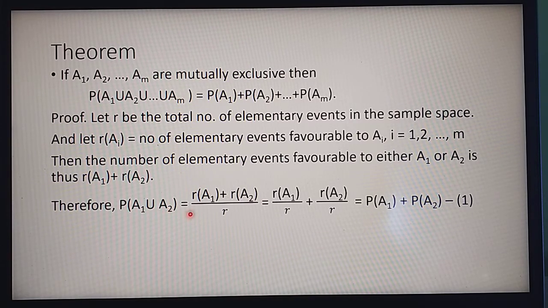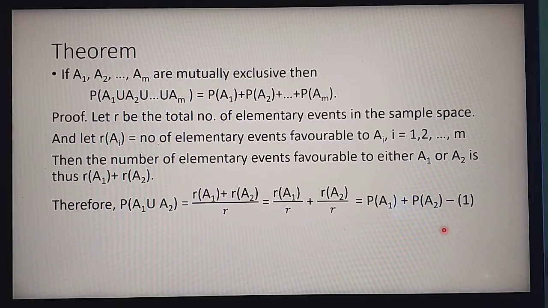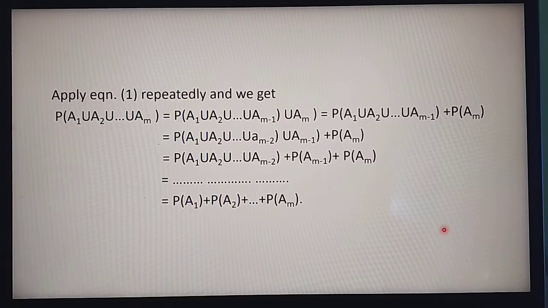So the number of elementary events favorable to either A1 or A2 is R(A1) plus R(A2), divided by R, the total number of elementary events in the sample space. By simplification, this is R(A1) by R plus R(A2) by R, which by definition is P(A1) plus P(A2). So for only two events, the proof of the theorem is done.